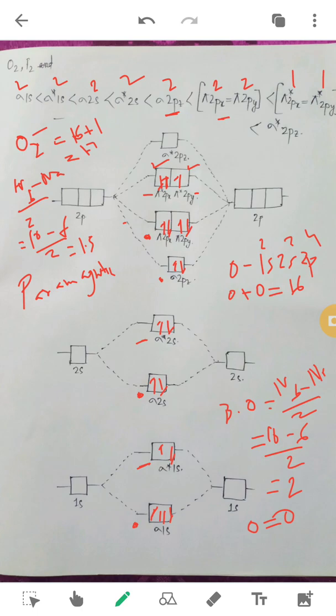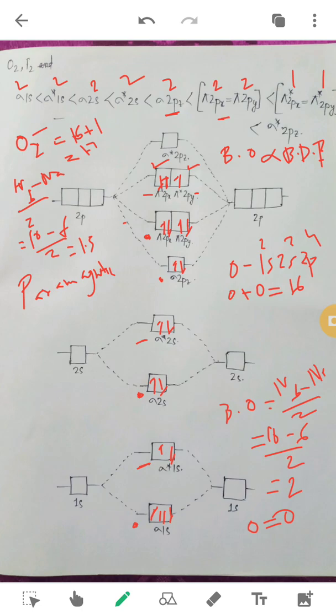So to break the O2 molecule into its individual atoms, we require more energy than for the O2 minus ion, because its bond order is less. Okay, so what did I tell you? Bond order is directly proportional to bond dissociation energy. You have to remember that. And they'll ask you whether the molecule or the ion is paramagnetic or diamagnetic, and bond order. In that way they'll ask.